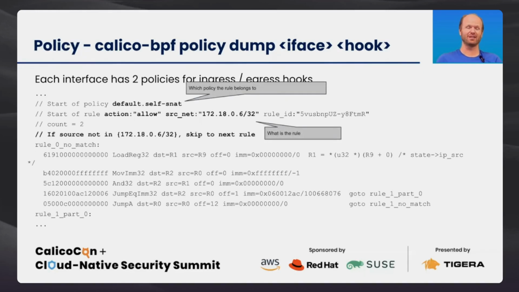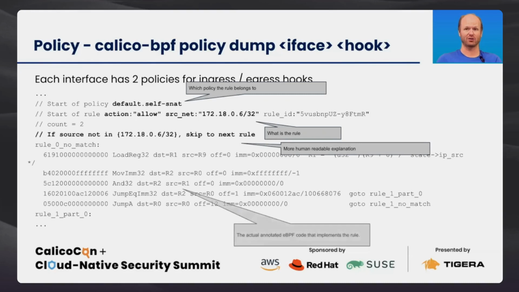It also gives you a more human-readable explanation of what the code actually does. And then it also gives you the actual annotated eBPF code. So if you're really brave, you can go verify whether the code is correct and follow how the pieces of code interact with each other.